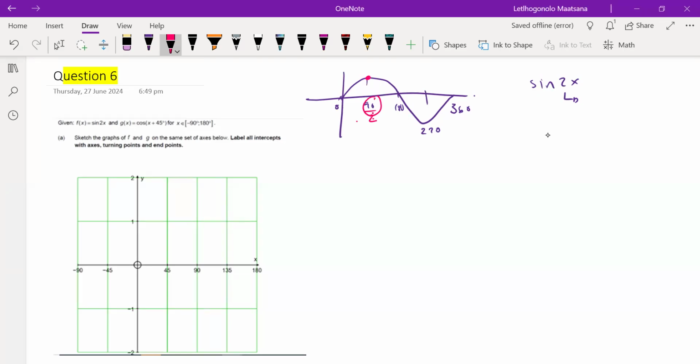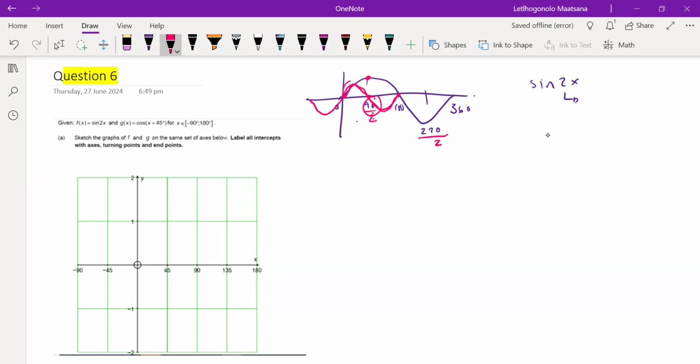And for our new graph, we're going to have something like this, cutting there, because now that 180 should be now at 90, and the 270, if you divide by 2, is 135, and it should look like this, and the same would happen on the other side up until 180.